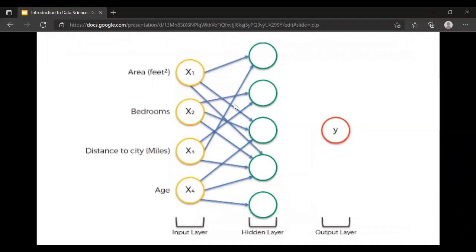If I connect every single input perceptron to every other hidden layer perceptron, that would be a fully connected layer. It is not necessary that every time I have to have fully connected layers, right? I can even randomly pick some perceptrons to get input from a subset of the input perceptrons. Similarly, this can be done in every layer, okay?